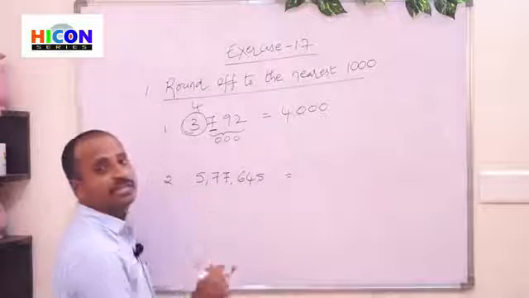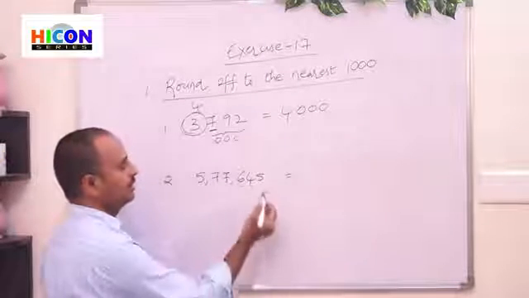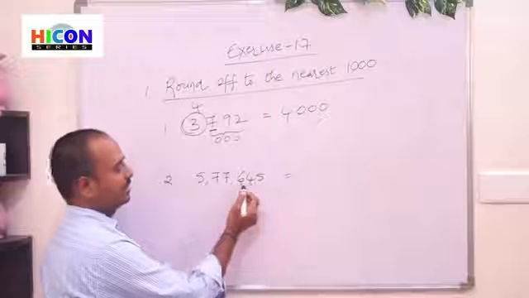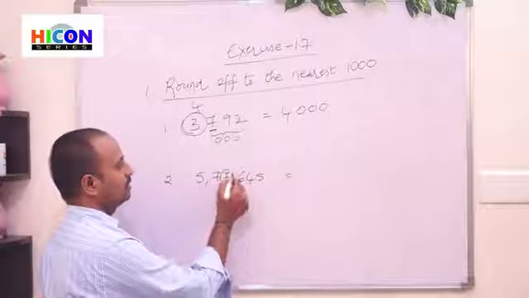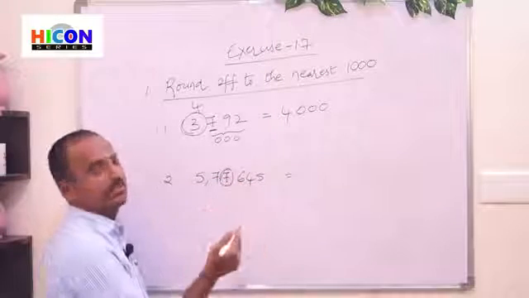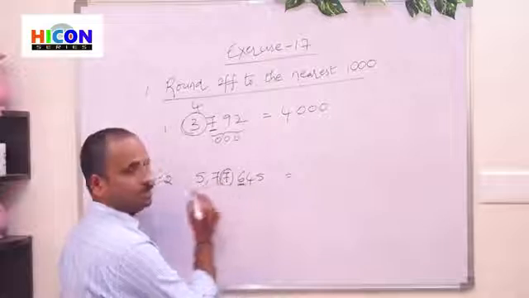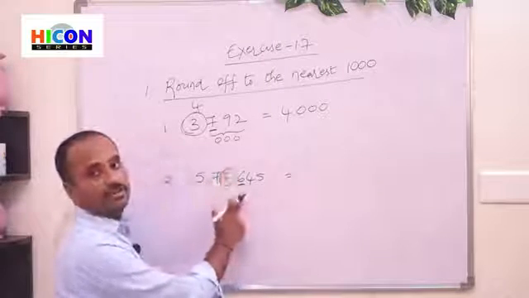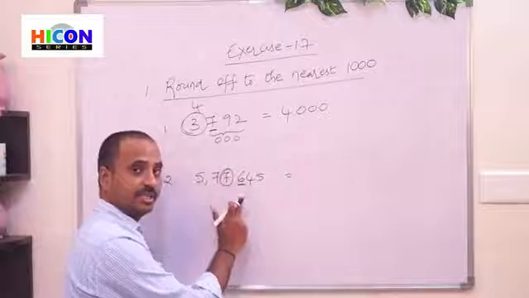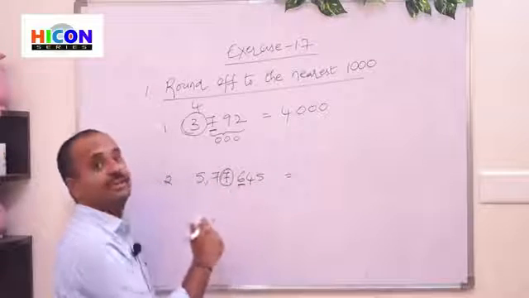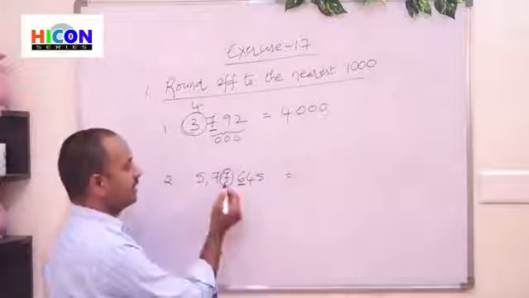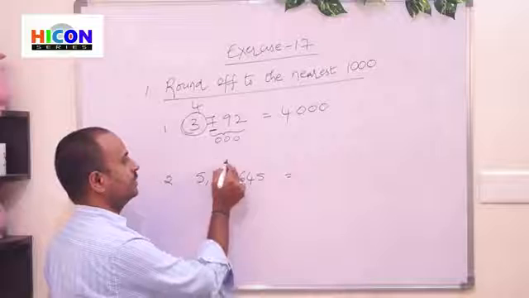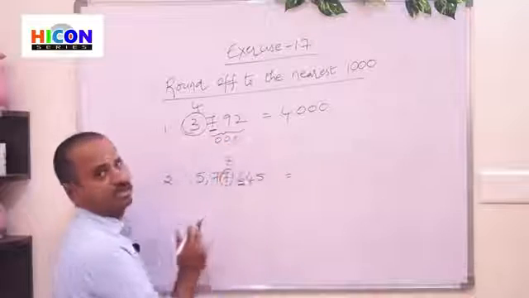So first identify the digit present in the thousands place. So this is ones, tens, hundreds, thousands. So 7 is present in thousands place. And check the next digit. The next digit is 6 and it is also greater than 5. So if the next digit is greater than 5, then write next to thousands. So here there are 7 thousands. The next thousands becomes 8 thousands.